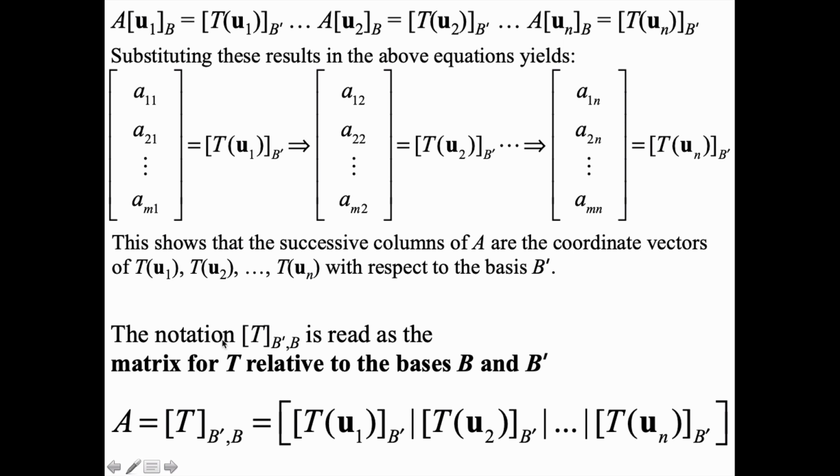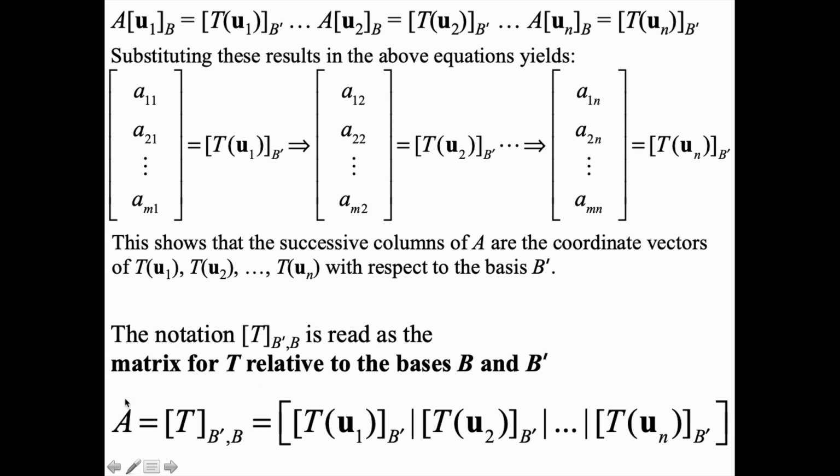So a little notation here. You put square brackets around T for the transformation sub B prime comma B. It's read the matrix for T relative to the bases B and B prime. Basically what it means, no pun intended, is we're going from basis B to basis B prime, and we're going to express the transformation results in that fashion.